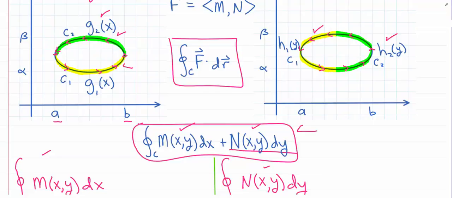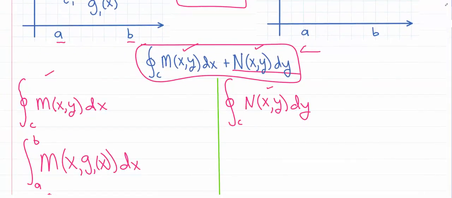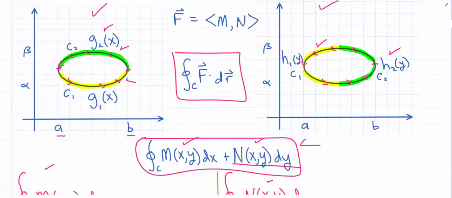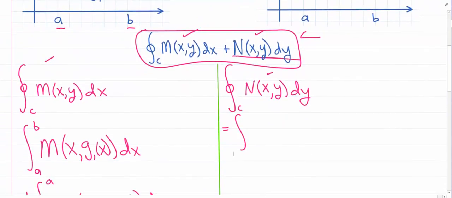And let's see what we're going to get when we do that. If I can rewrite this now this way, I'm going to integrate, and by the way, I'm going from alpha to beta here. I chose alpha and beta because I want alpha to match up with A and beta to match up with B. Let's see what we can do here. I'm going to integrate this first curve, and it looks like it's going from beta to alpha. Is that right?